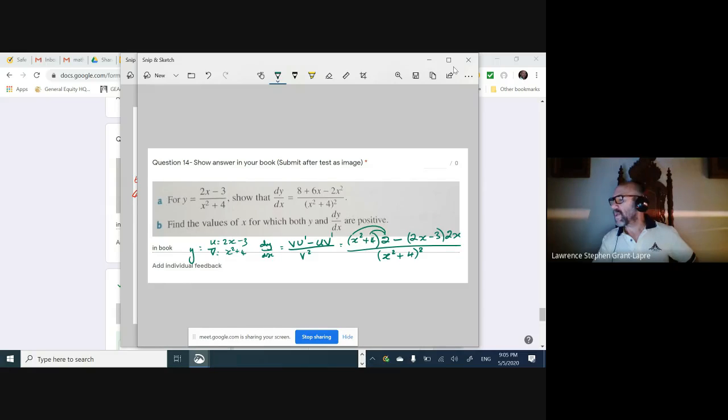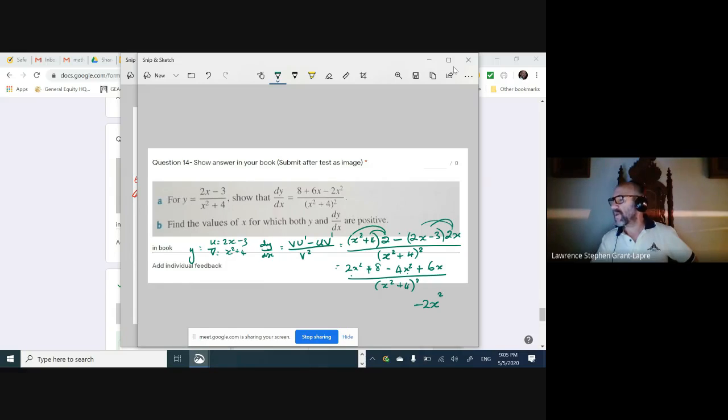Expand here, we get 2x squared plus 8. Expand here, we get minus 4x squared, minus a negative makes plus 6x. And then 2x squared, take away 4x squared is minus 2x squared.